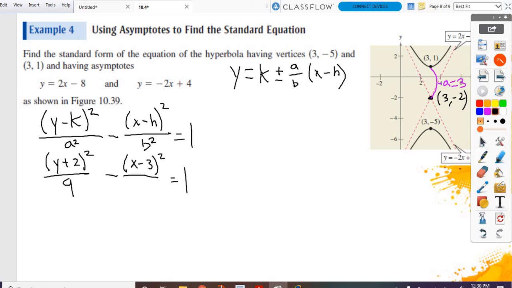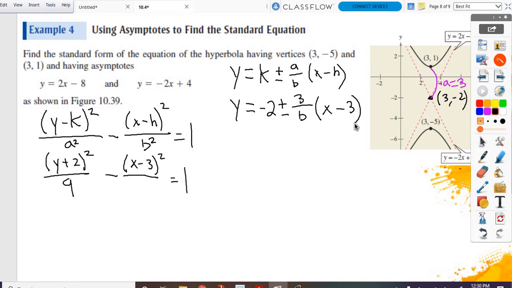And since I have most of the other stuff, I can go ahead and start plugging in. So we know that our k value is going to be -2. Our a value we found to be 3. Our b value is what we're looking for. And our h value is going to be 3.